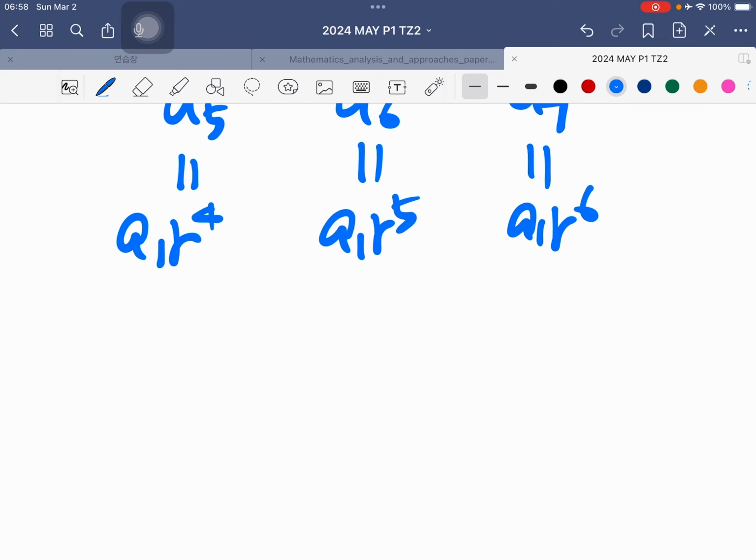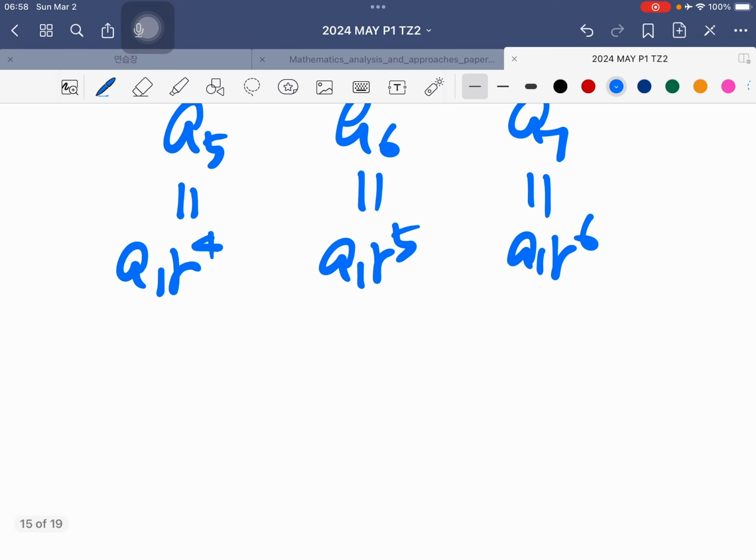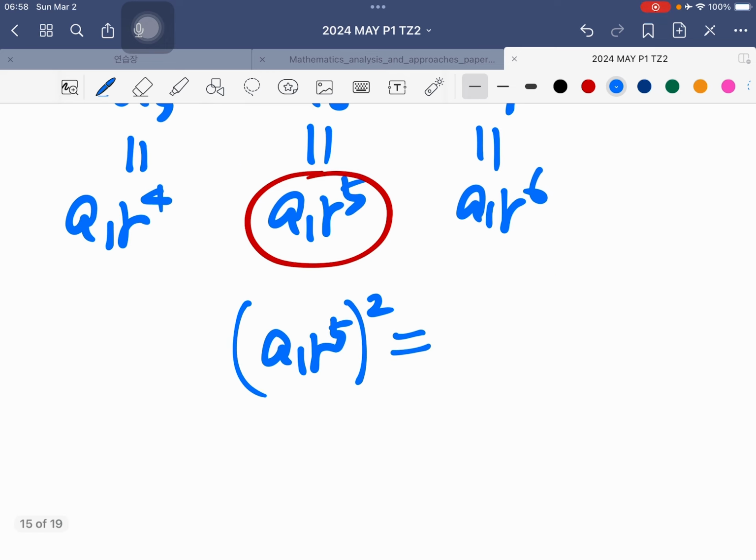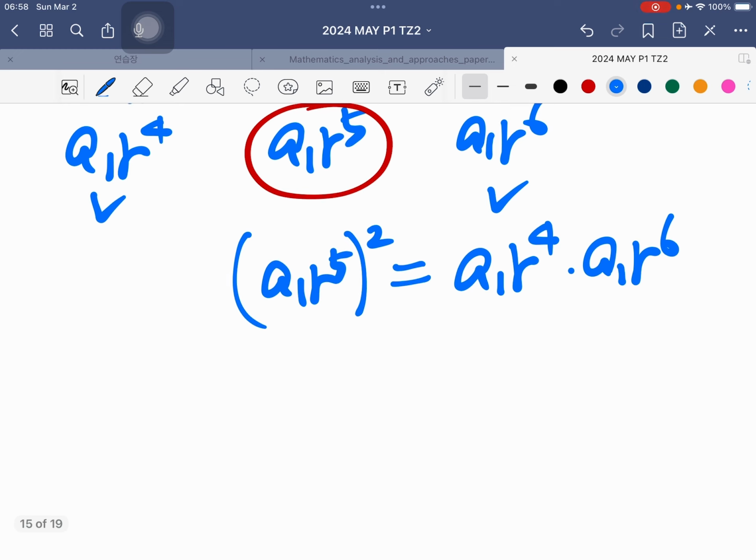If you think about it, the second term squared, A1 R to the 5th power squared, is always the same as the product of the first and third terms, which is A1 R to the 4th power times A1 R to the 6th power.